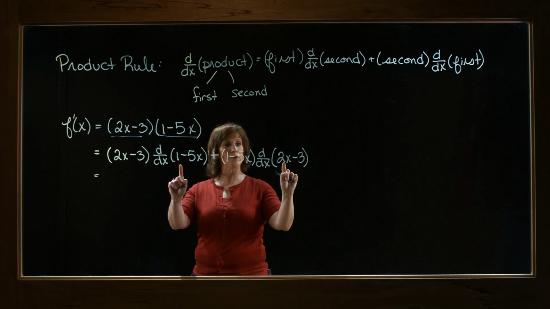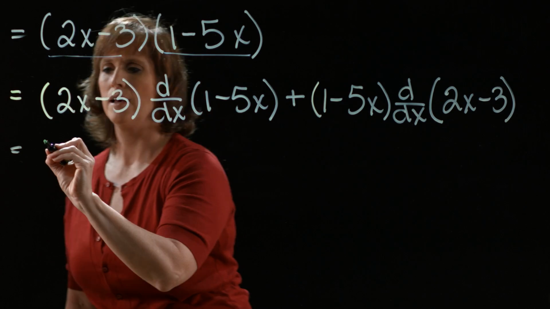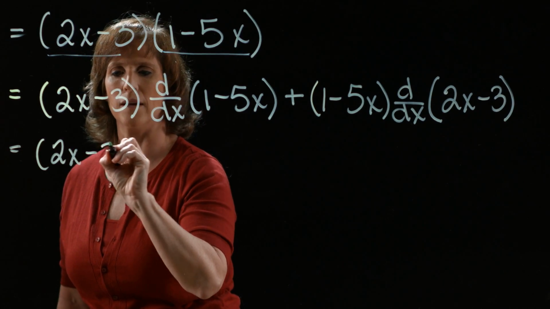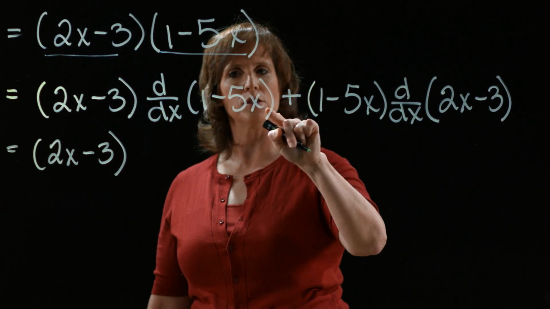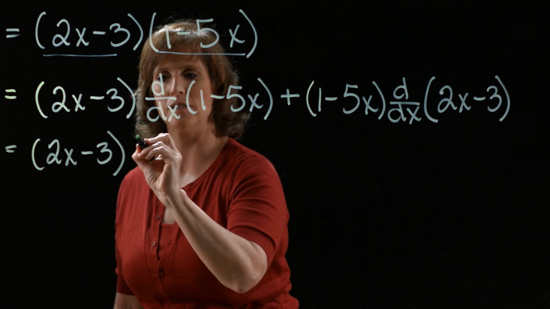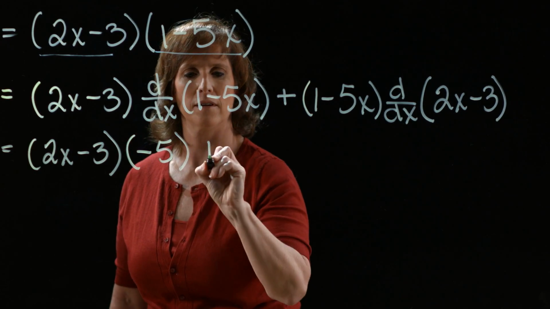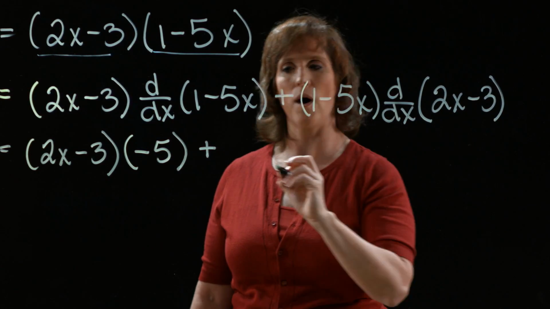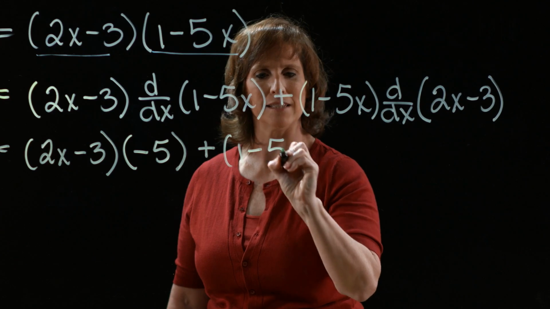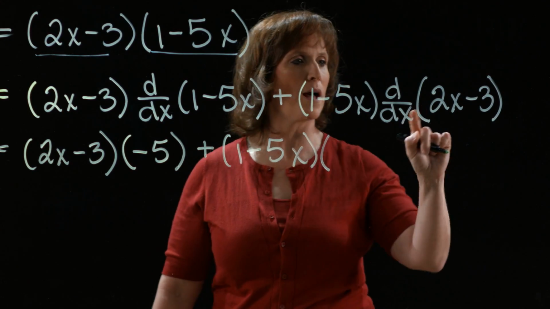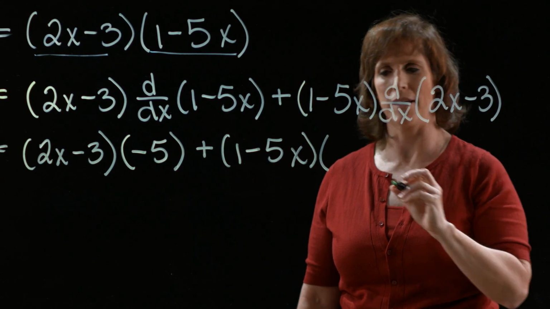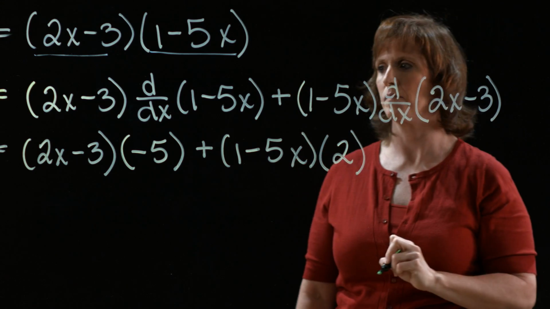So now I have to differentiate these two pieces. So I have 2x minus 3 times the derivative of 1 minus 5x, which is simply a minus 5. Then I'm going to take the 1 minus 5x and multiply it by the derivative of 2x minus 3, which is simply a 2. Okay?